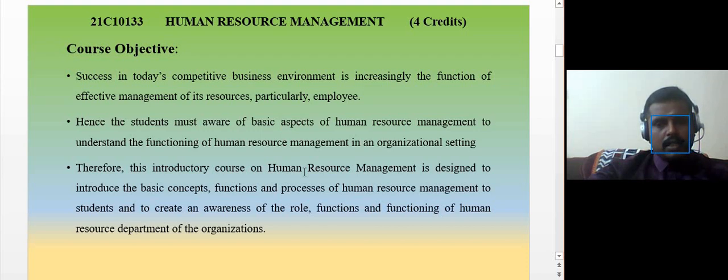The student can learn why human resource management is designed, what the basics of these concepts are, what the functions of a human resource manager are, and should create an awareness of the role and functions, as well as the functioning, of the human resource department of the organization.